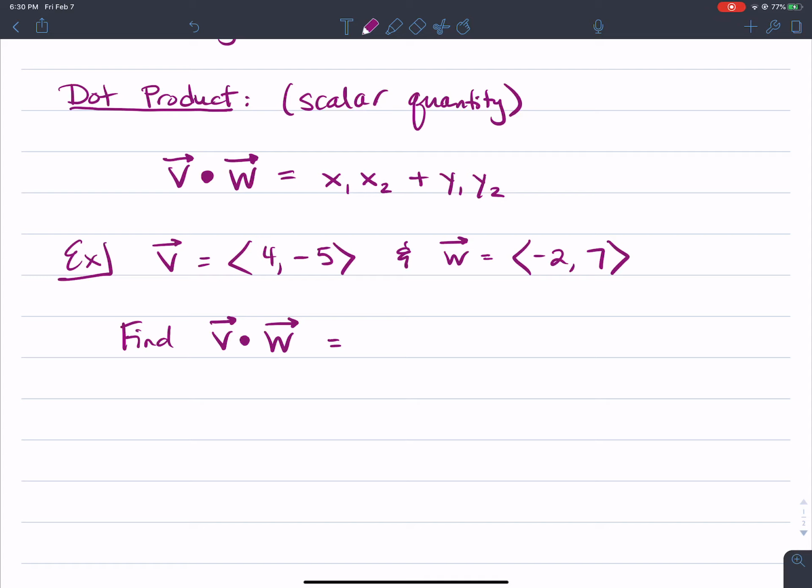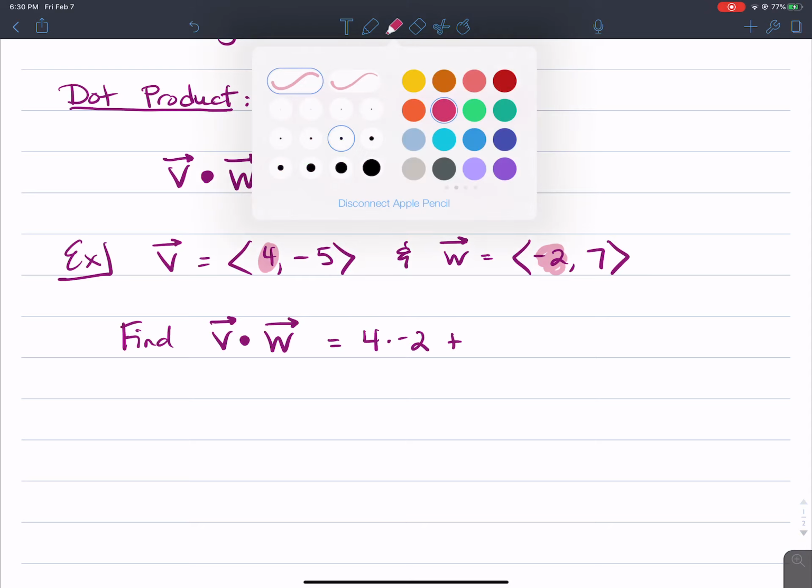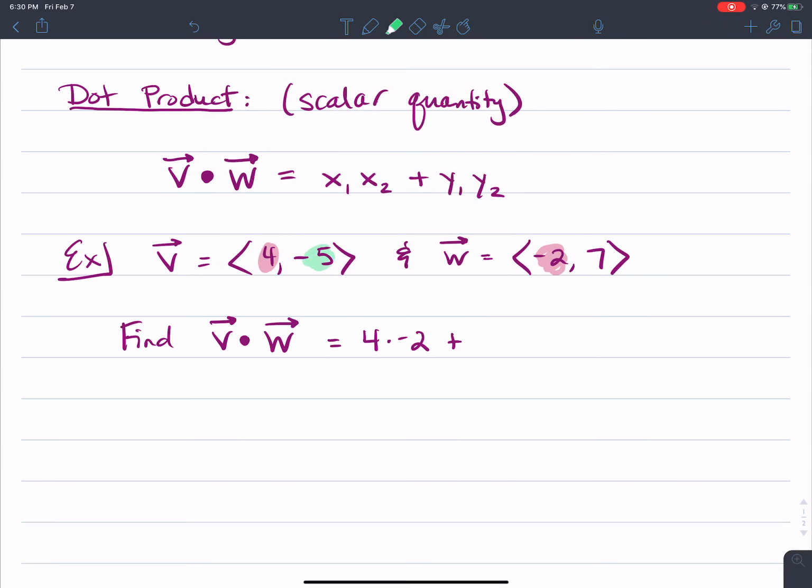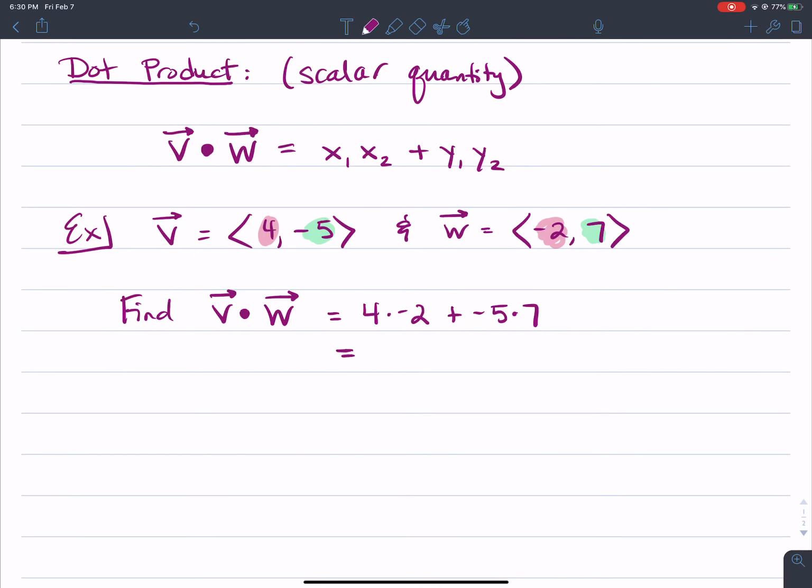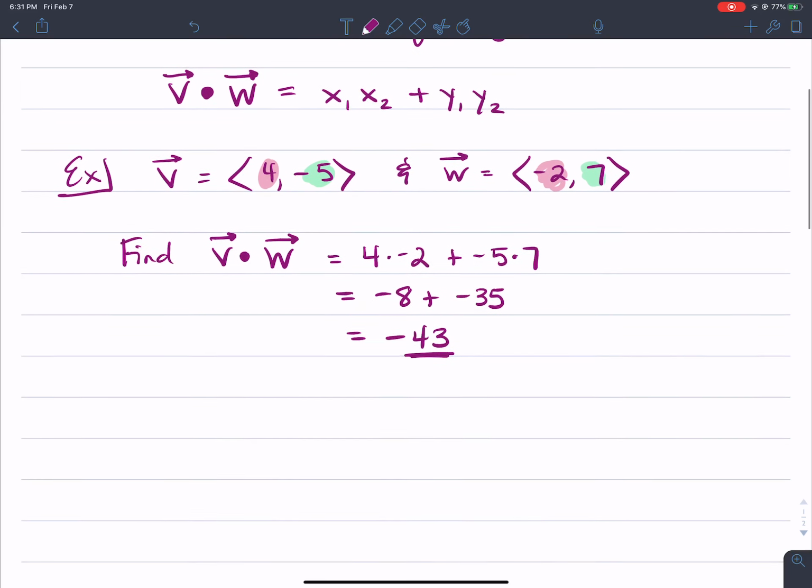All you do is x times x, so 4 times -2, plus y times y, so -5 times 7. And we get -8 plus -35, and we get -43. So that is our dot product.